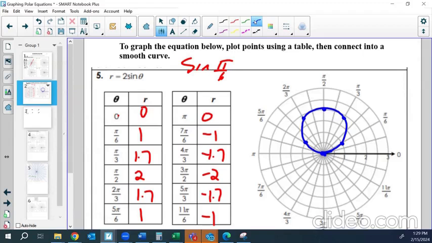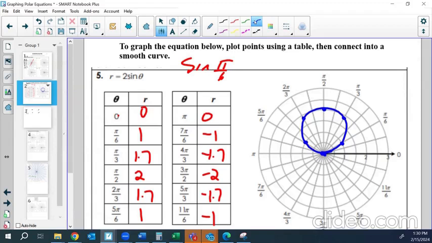Now, if you look at it, on the unit circle, we know that sine is associated with a y value, cosine with an x value. This is a circle, a sine function, so it's on the y-axis, and the formula for a curve that is like this is r is equal to a sine theta.